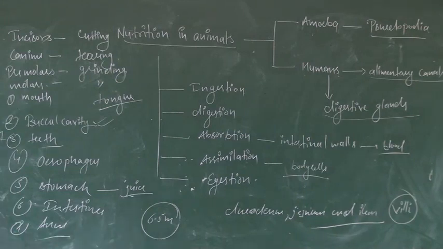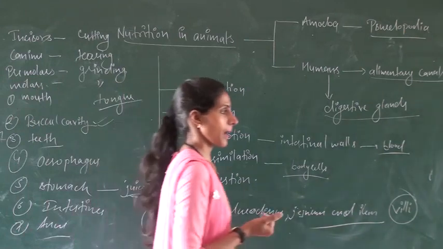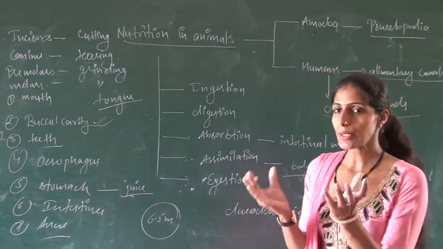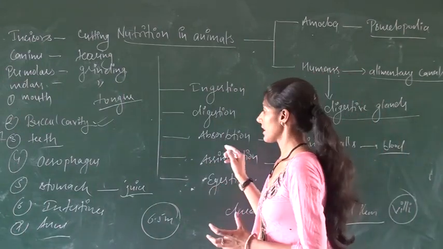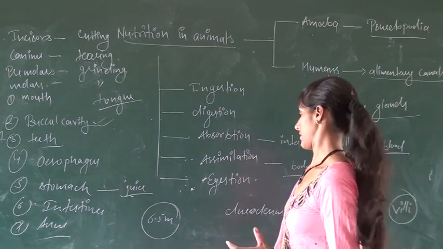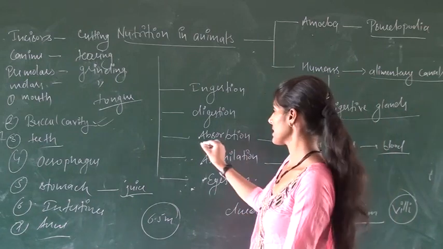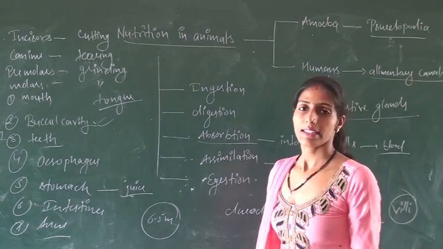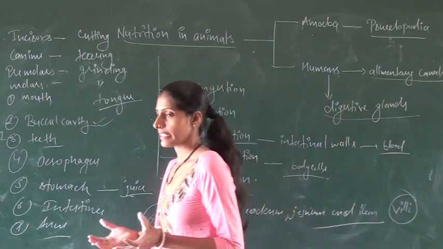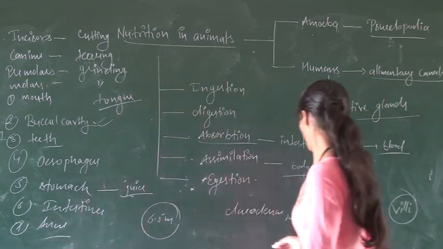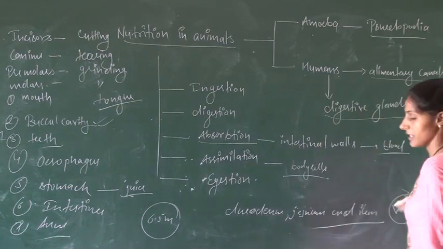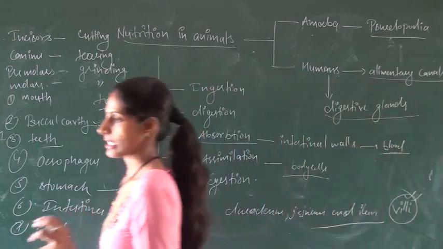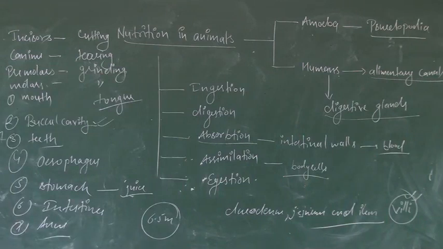Villi increase the surface area for the absorption process. The absorption process takes place in the small intestine. Villi are just finger-like projections present in the small intestine.